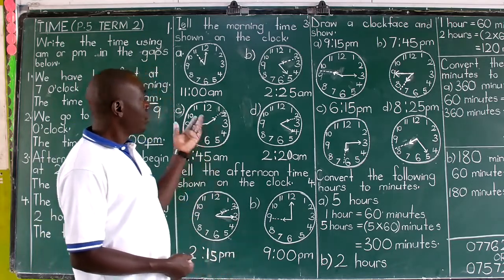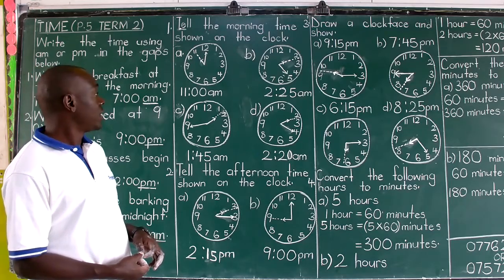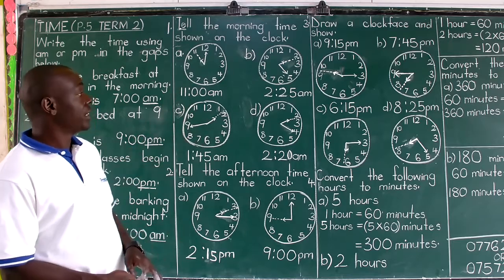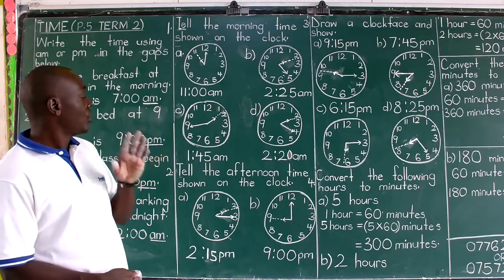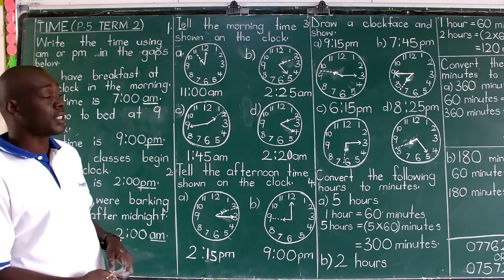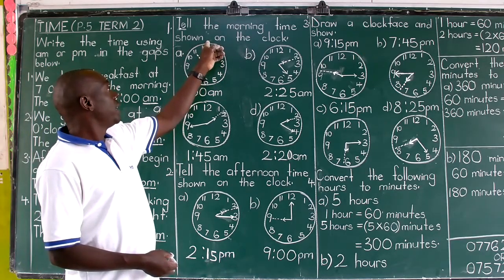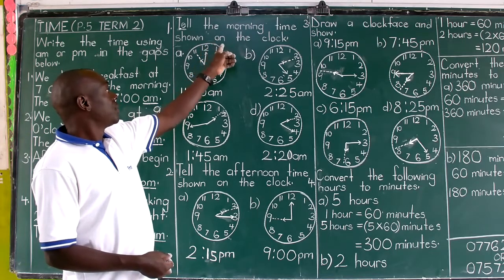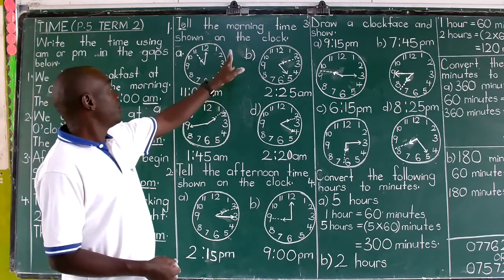So here, we shall not use the word past like we did in P4 and 5, because of the word in the morning. So here we are dealing with AM or PM this time, because we learned how to use past. And remember, the P4 teacher and P3 told you when the minute hand is within the range of 1 all the way to 6, we use past.